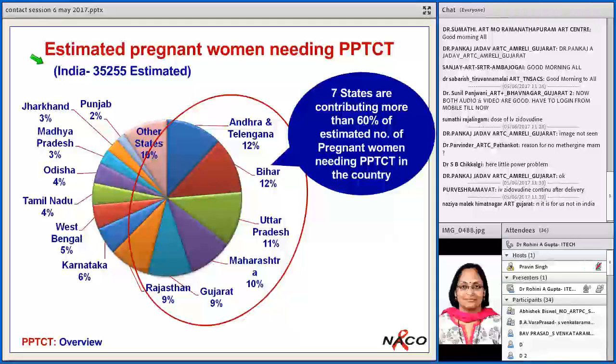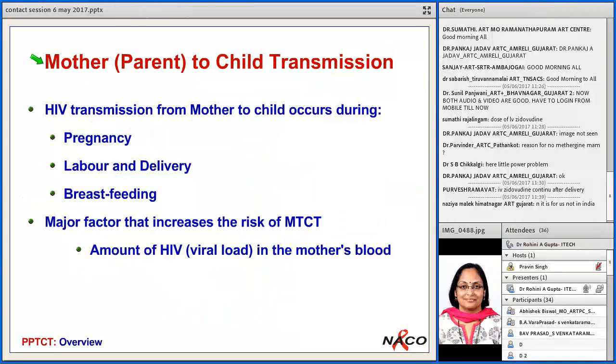The estimated pregnant women needing PPTCT: these 7 states are contributing more than 50%, more than half the number of pregnant women who need PPTCT services.